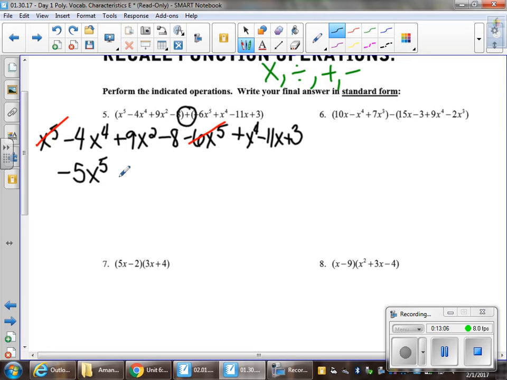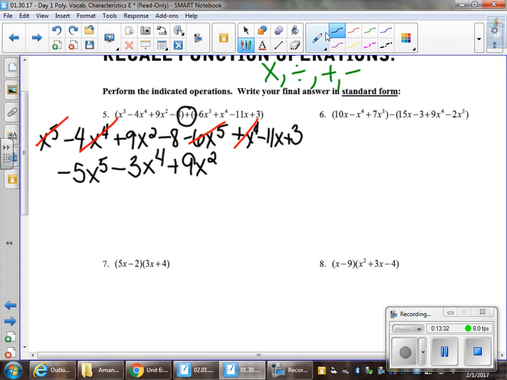Next, what are we going to do? So you combined negative 4x to the 4th and x to the 4th, right? And he got negative 3x to the 4th. Cross them out. We're done with them. Next. Right.